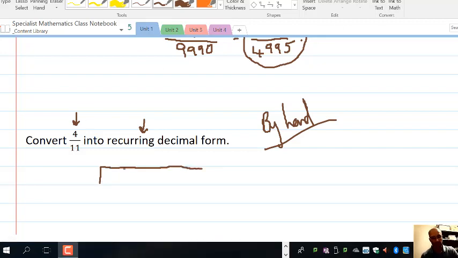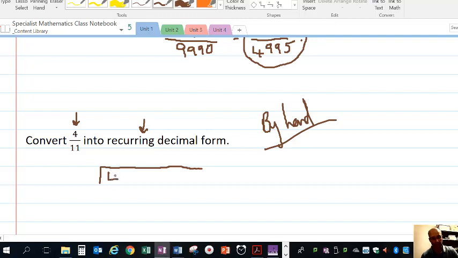Because 4 is smaller than 11, I'm going to put some placeholders in there. Basically it's a type of long division. You may have been shown it this way, maybe you haven't, maybe you've been shown a different way, but I'm going to show you this way.